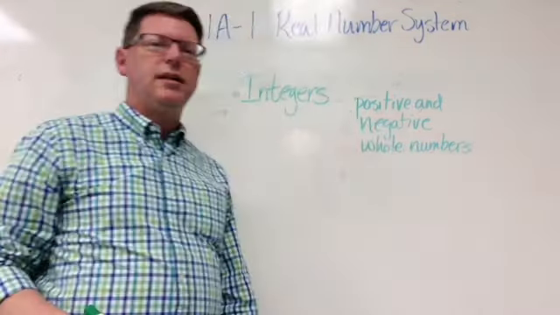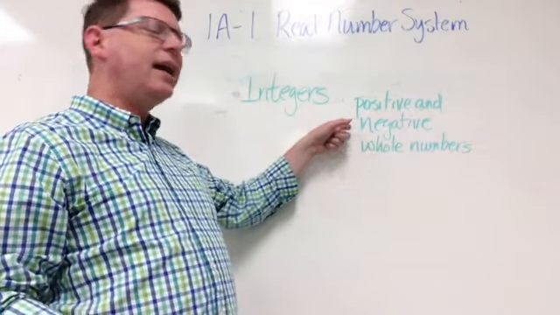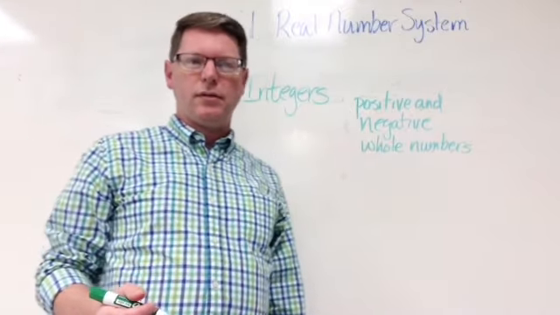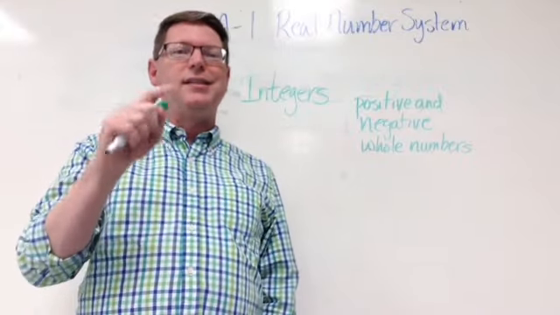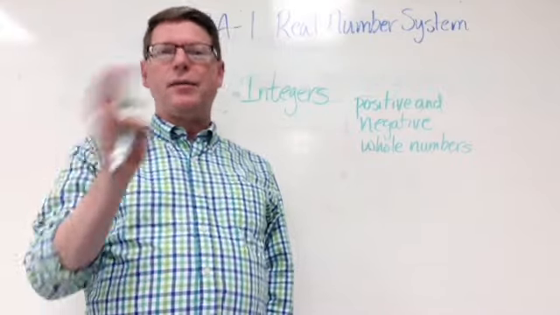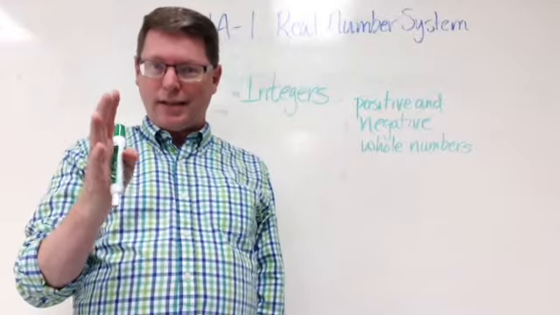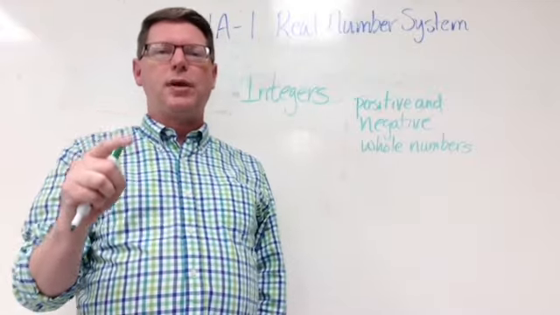I'll give you a minute to write that down. Integers are positive and negative whole numbers. Now the only integer that doesn't have a positive and a negative is 0. 0 is just 0. It's not positive 0, negative 0. It's just 0, nothing. But all the rest of them can be positive or negative.